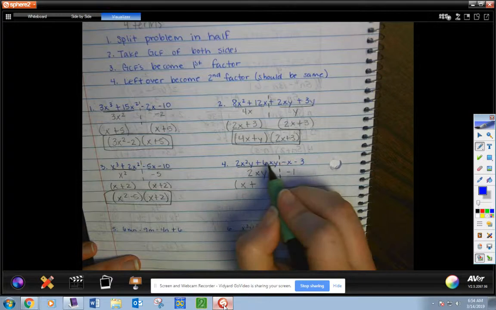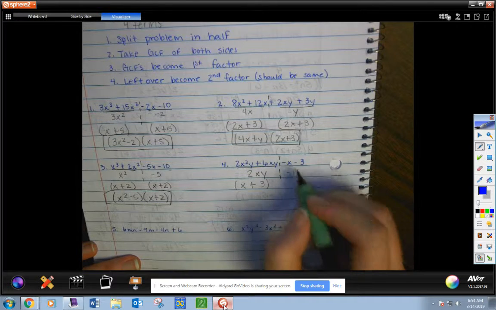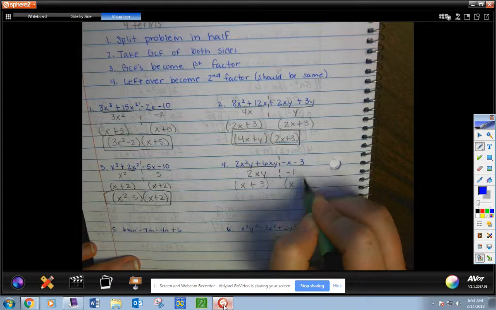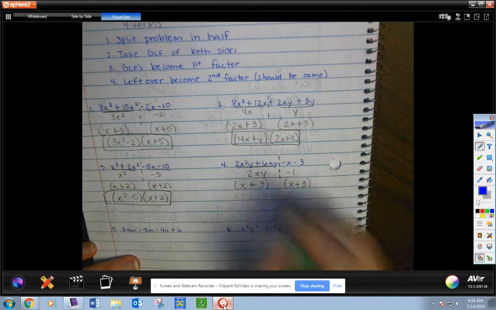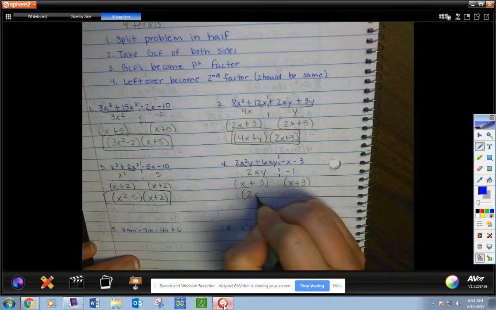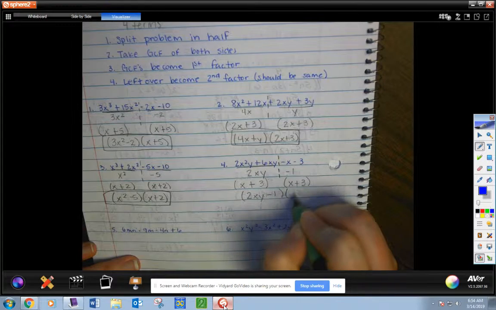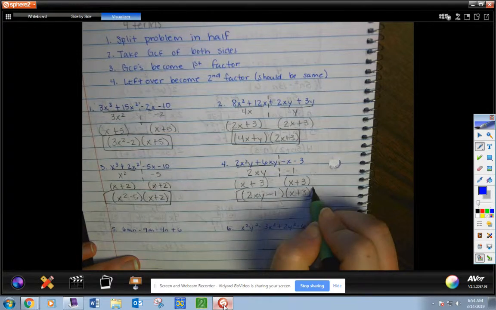And then plus 6 divided by 2 is 3. Both the x and the y cancel. When I divide by negative 1 here, that makes the x become positive, and a negative 3 divided by negative 1 makes the 3 become positive. So now my parentheses are the same. So my first factor with the GCFs is 2xy minus 1, and then I pull down what I had left over, and I had x plus 3, and there's my answer.